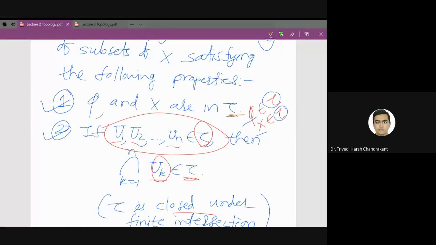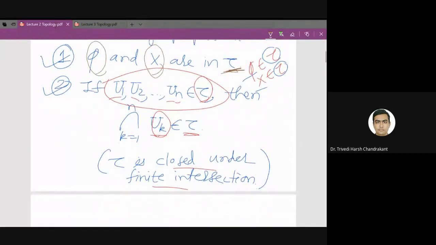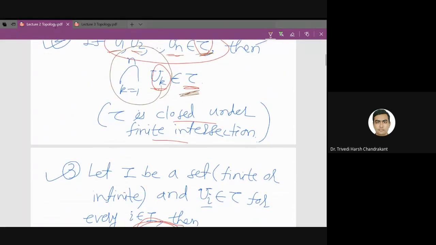Therefore the first condition is there should be phi and there should be X, which are the two elements of tau. So tau is a non-empty set which contains these two elements, and whenever we have finitely many elements u1, u2, un in tau, its intersection also belongs to tau. As many finitely many elements of tau we are taking, every time we should get that the intersection belongs to tau. That means tau is closed under finite intersection.